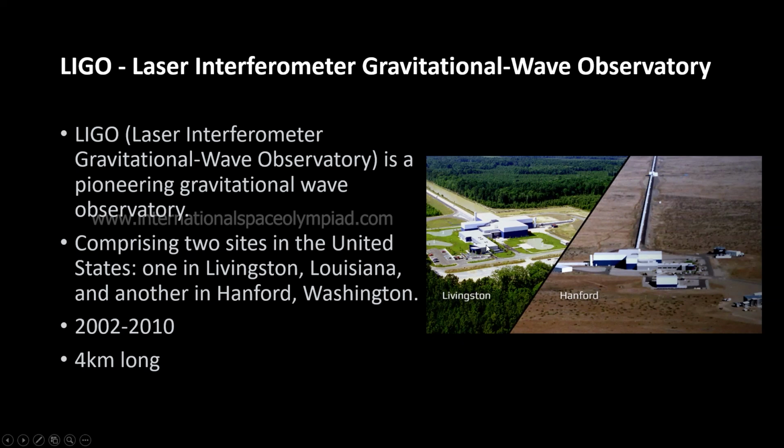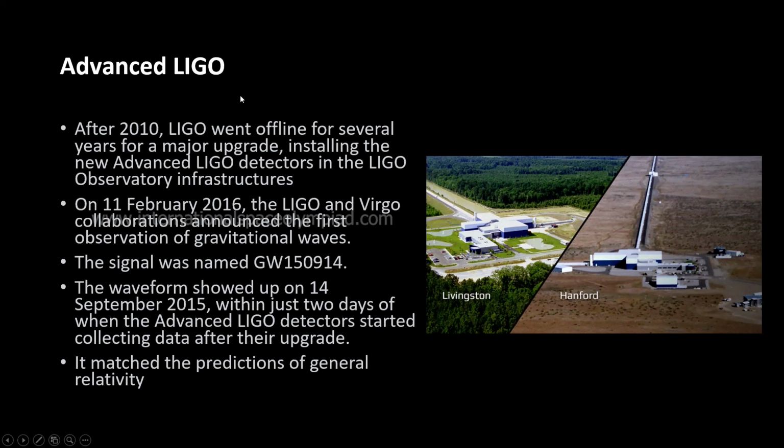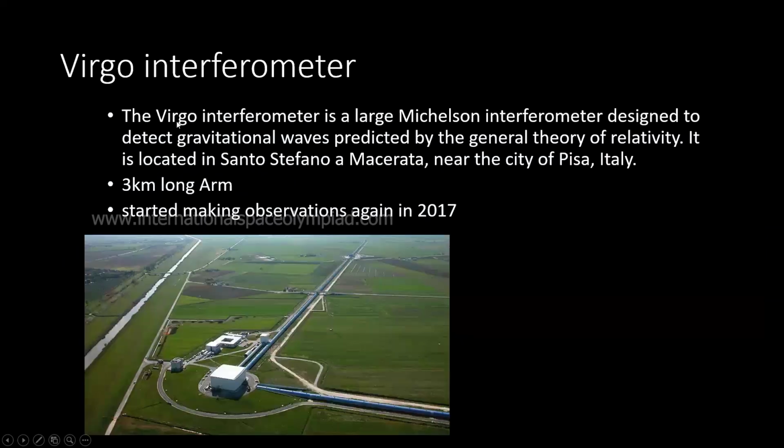So now Advanced LIGO is there. That is another one. And the Virgo interferometer is a large one of the same kind of design. You can see here it started making observations again in 2017. So that is about the Virgo interferometer and the gravitational wave observatories.